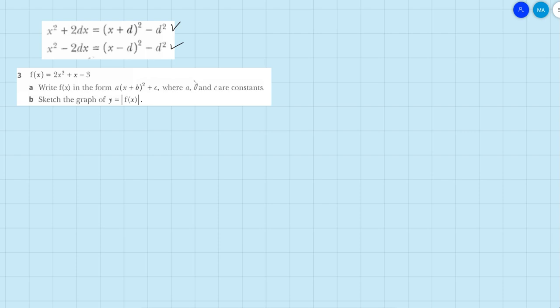Write f(x) in the form a into (x plus b) whole square plus c. This is just like the previous question, question number 2.